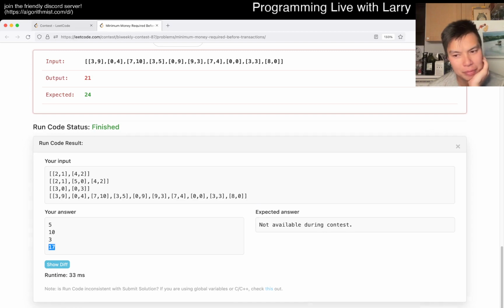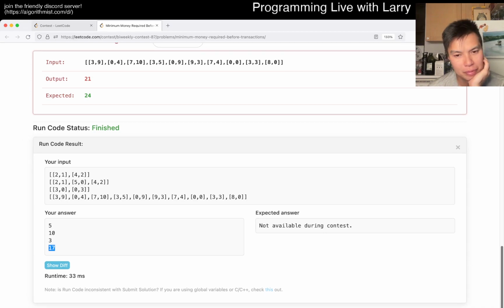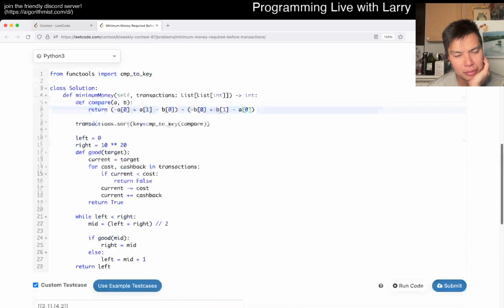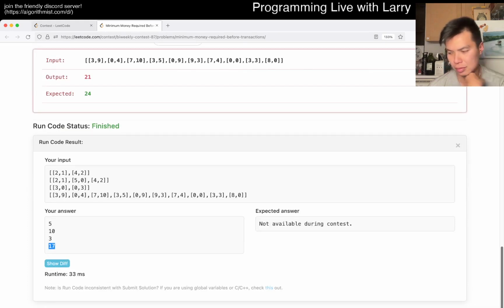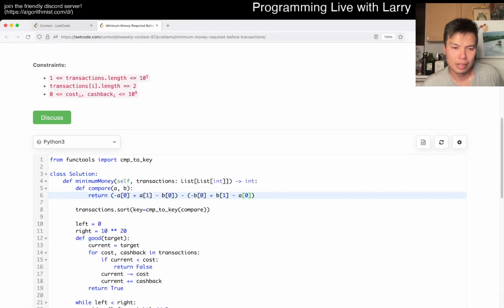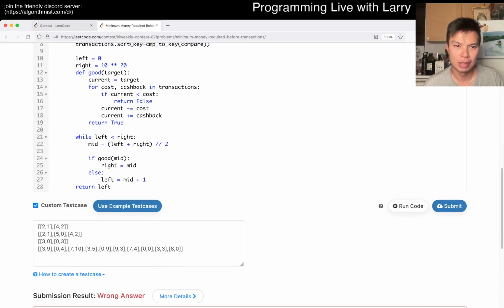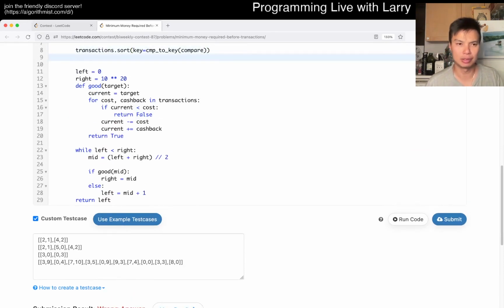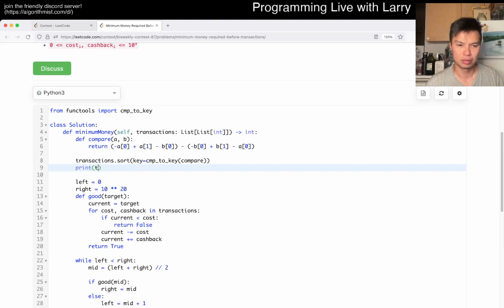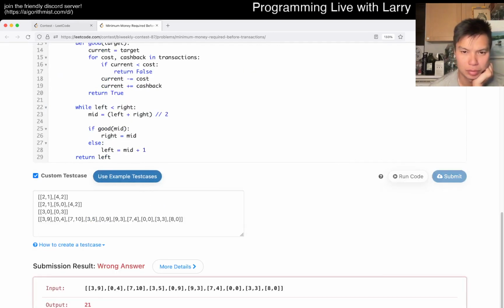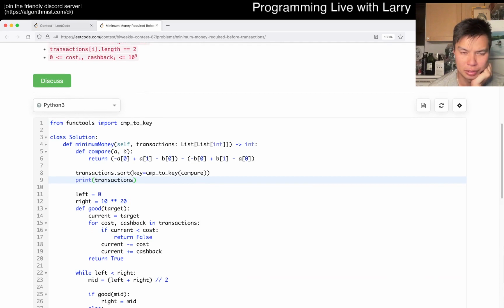So, it may be that I'm missing something. Also I'm sure that this kind of reduced some stuff.